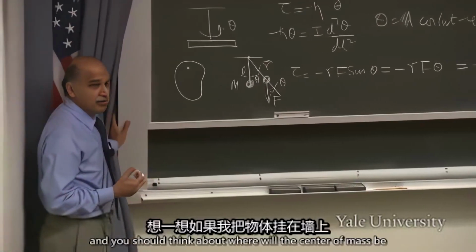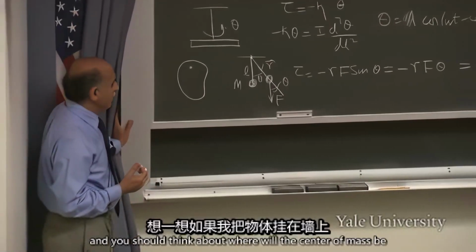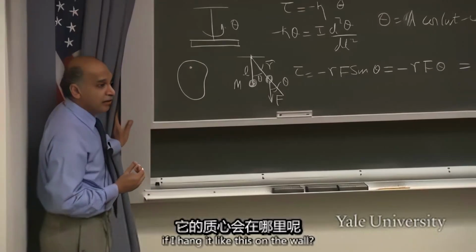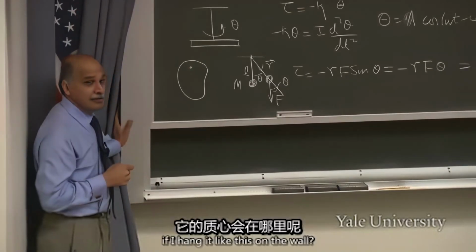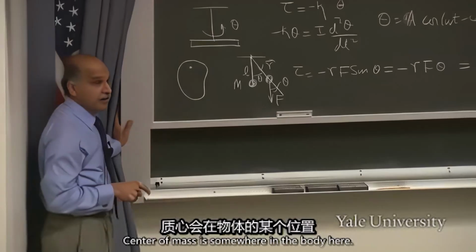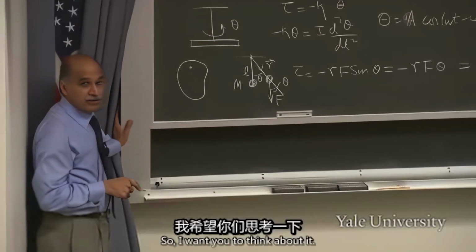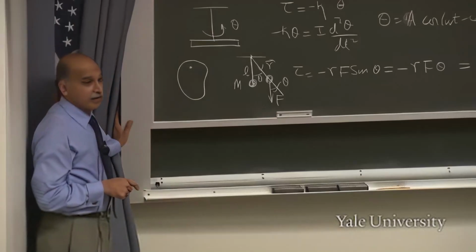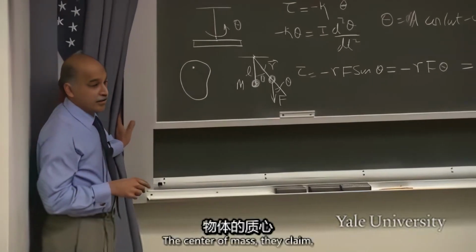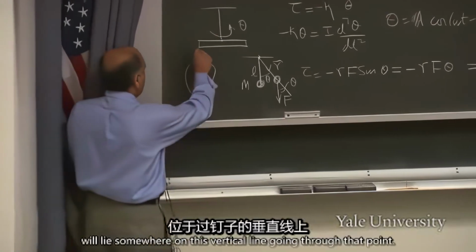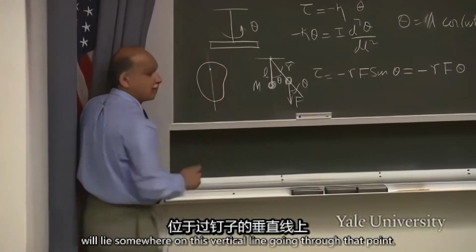And you should think about, where will the center of mass be if I hang it like this on the wall? Center of mass is somewhere in the body here. So I want you to think about it. I'll tell you in a second. The center of mass, I claim, will lie somewhere on this vertical line going through that point.